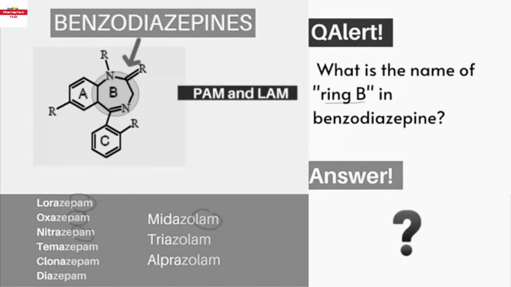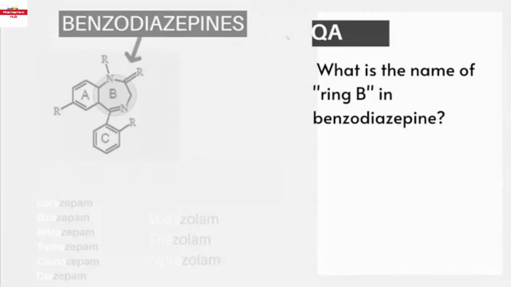Although there are rings A and B and C, you need not memorize all those rings. Just keep your focus on ring B. I'm sure you can answer that very easily because the answer to that question is presented within the name of the benzodiazepine itself. So let's guess, and now you can submit your answer in the description below and then compare your answer here.